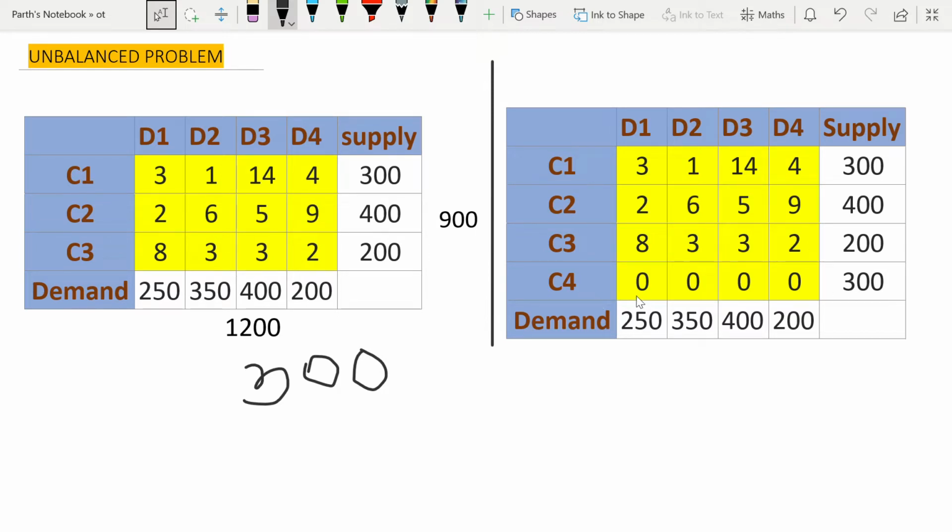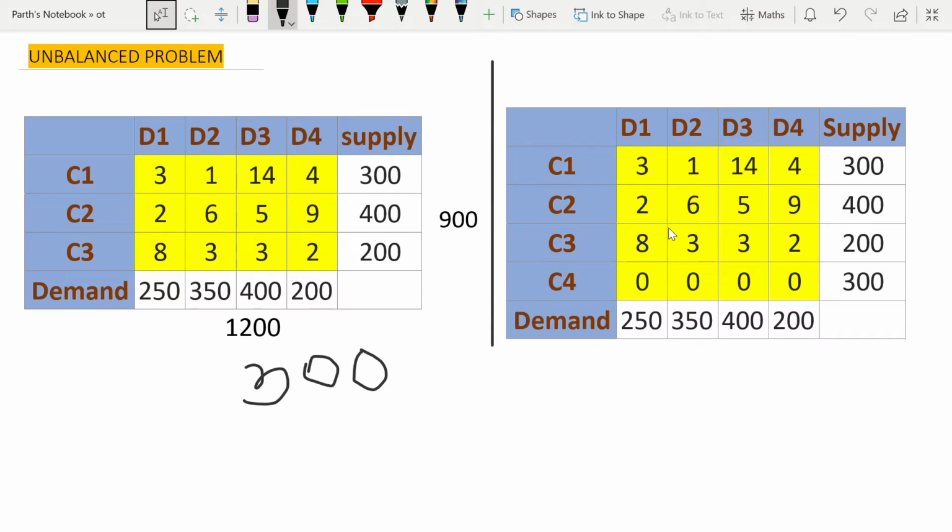And the cost matrix, now you can see that here in all these four blocks I have written 0, just because it is a dummy row, so there is no real existence of company 4, so there is no charges from company 4 to destination 1, 2, 3, 4. So the cost is 0 per unit. So now it is converted into a balanced problem and we'll solve it.